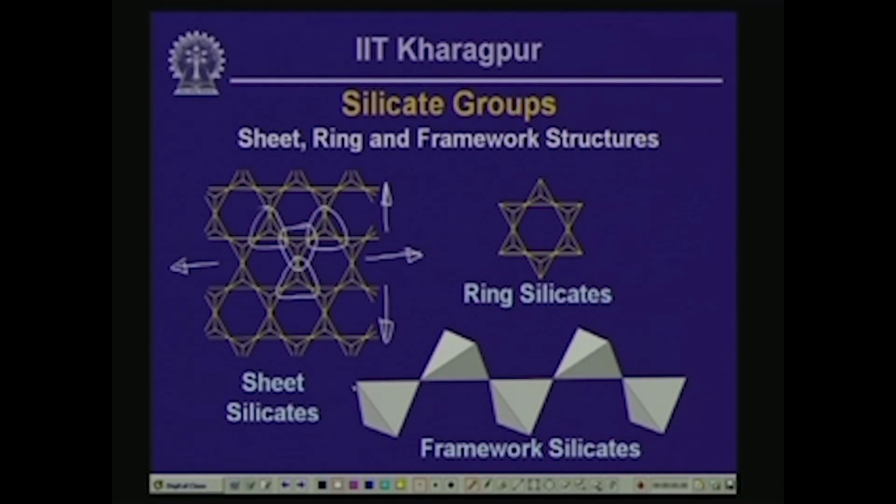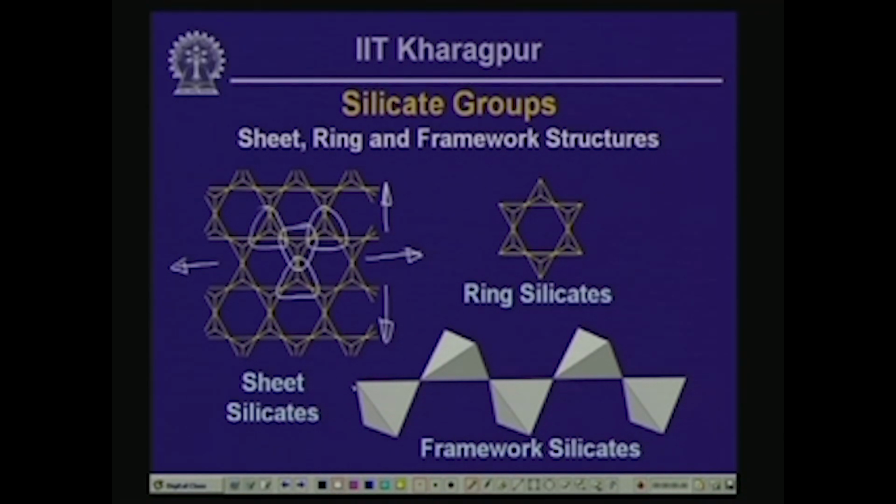This type of structure is called sheet silicate, as the individual tetrahedra combine with each other and form individual sheets. Here you can see more oxygen ions are shared between different tetrahedra. As a result, oxygen as a percentage of silica will be even smaller in comparison with a double chain silicate mineral.